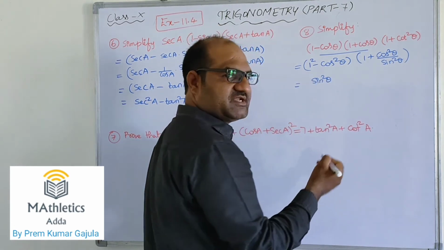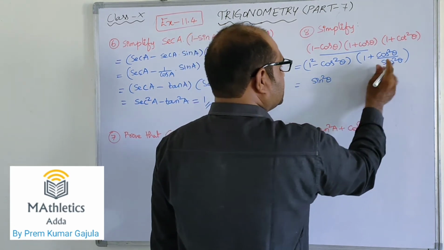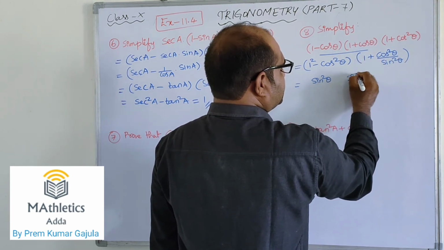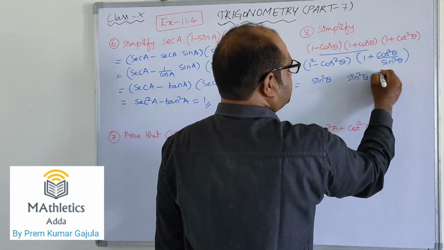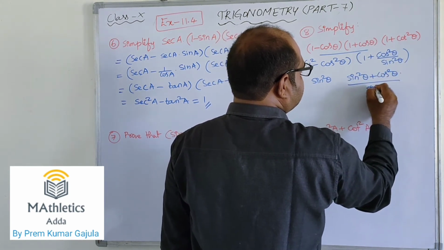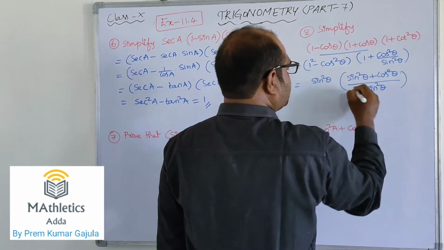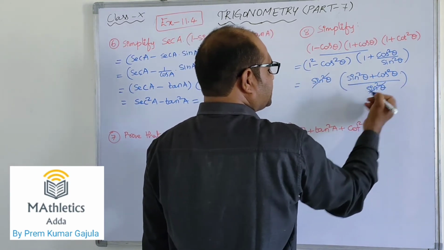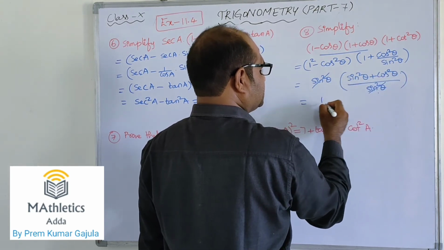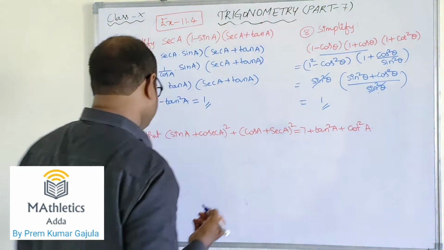Why? Because sin square plus cos square is equal to 1. Now if you simplify this, sin square into 1, sin square theta plus this cos square theta, whole by sin square theta. Here sin square theta gets cancelled, and sin square theta plus cos square theta we know is 1. So the answer is 1.